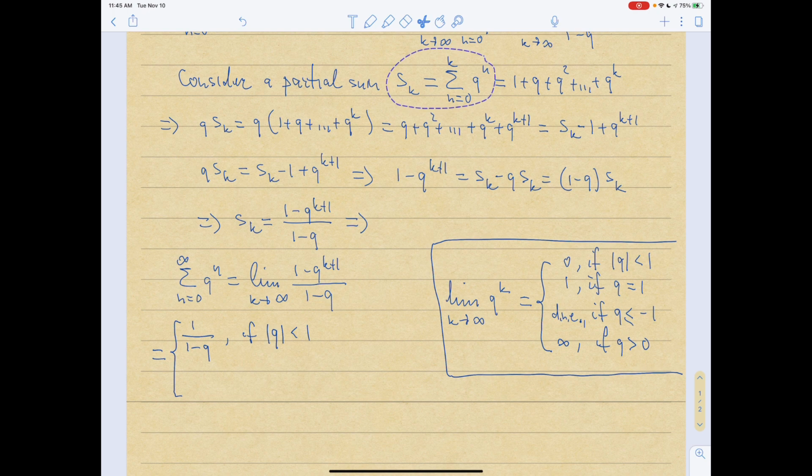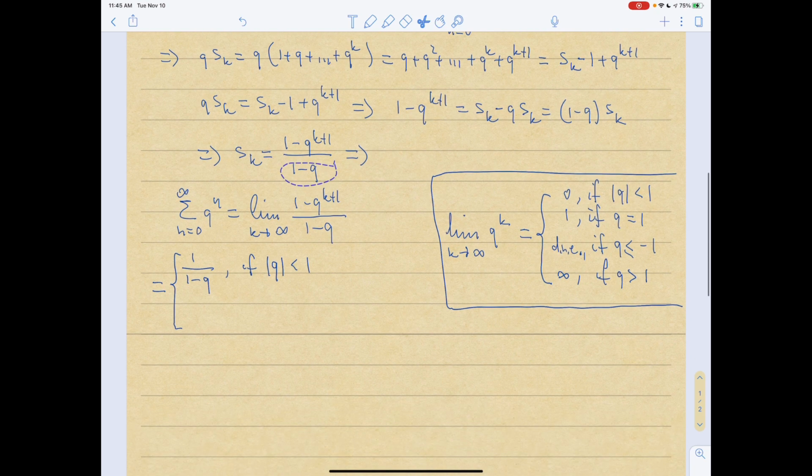And in fact, if we look now at the last case, sorry, not bigger than 0, but bigger than 1, when q is bigger than 1, the limit of q to the k plus 1 is going to be infinity again. And if q is bigger than 1, then 1 minus q is negative. So you have a large negative number divided by a negative number. So Sk is a large positive number, and as k goes to infinity, Sk goes to infinity.